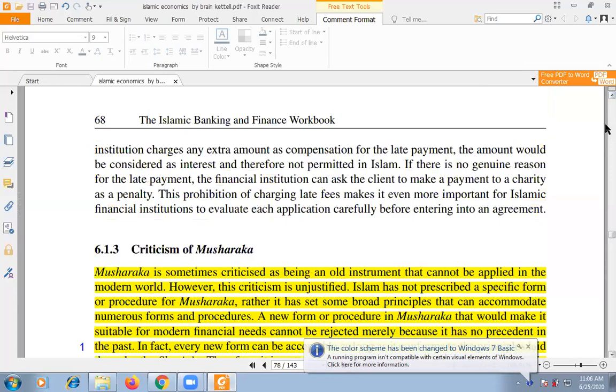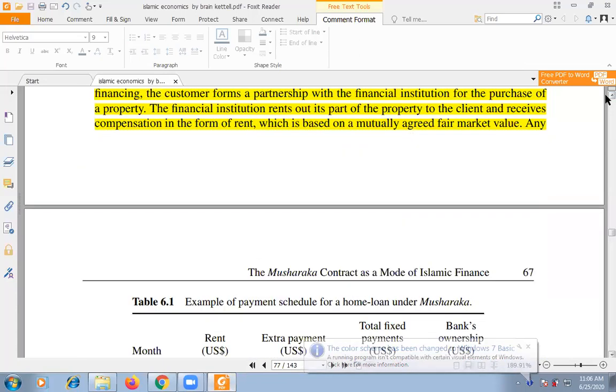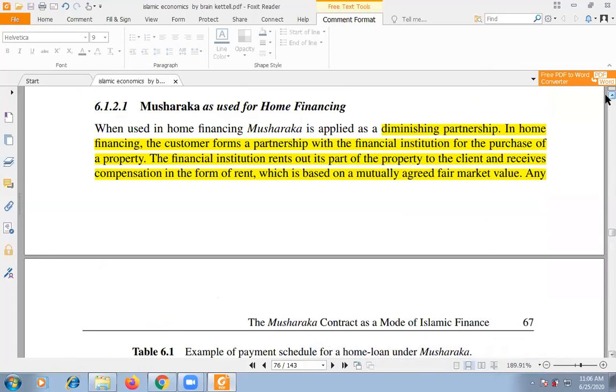The home financing Musharaka is here. Simple. Home financing Musharaka is also called diminishing Musharaka, diminishing partnership. This is the latest form of Musharaka. Sometimes international persons, Western economists, say that Musharaka is an old mode of financing that is not possible to implement in the current world.